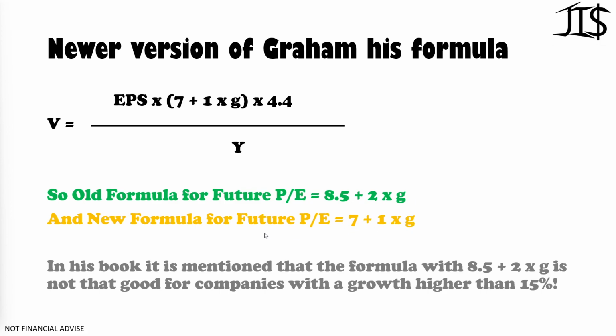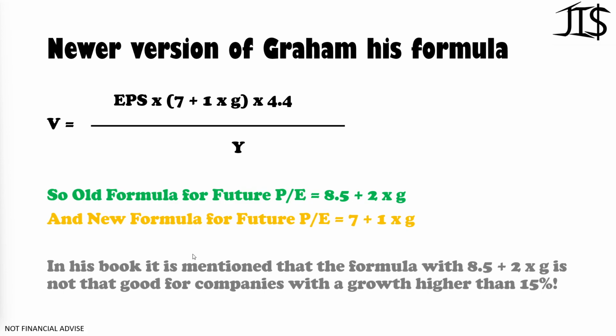Because in his first book, there was a footnote to the formula with the EPS times 8 plus 2G times 4.4, where he thinks that this formula is actually not that good for companies with a growth higher than 15%.